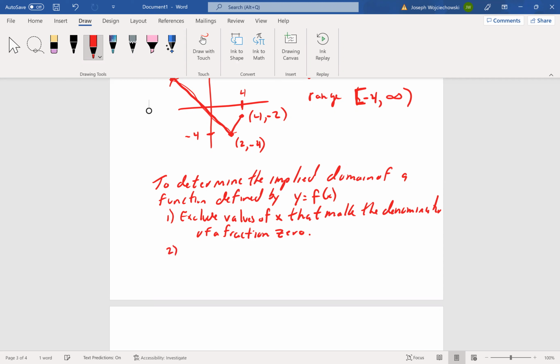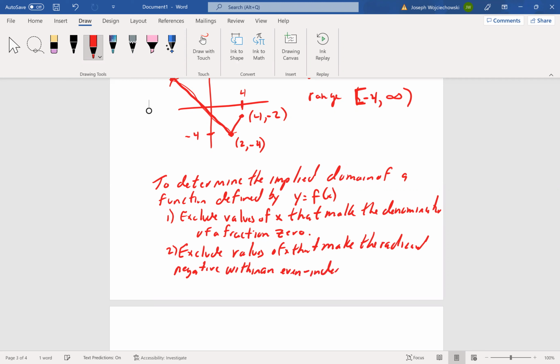Second thing to consider is exclude values of x that make the radicand negative within an even indexed root.